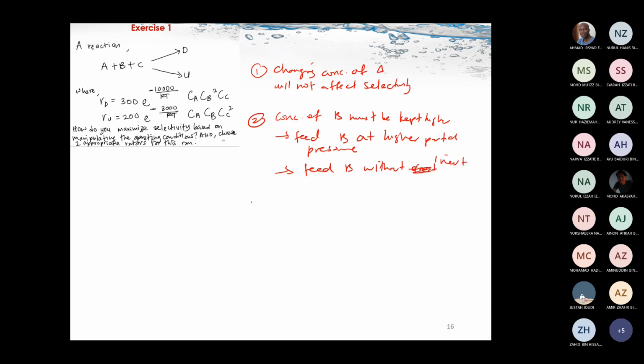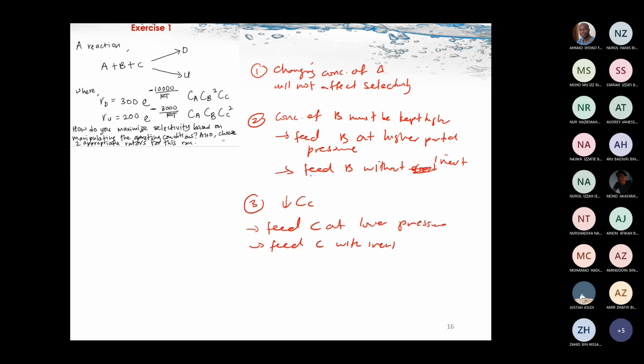Okay, and then about number 3 pula kita kaji daripada segi concentration of C. Okay, so concentration of C must be kept low. So how we keep it low is feed C at lower pressure ataupun kita feed C with inert. Terbalikkan saja dengan B tu.